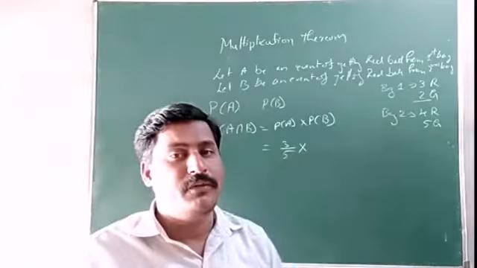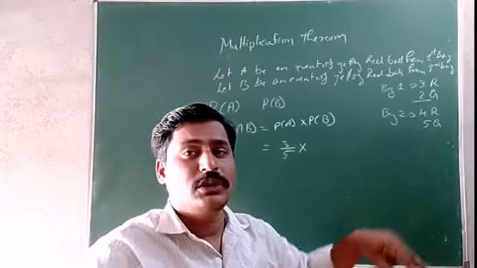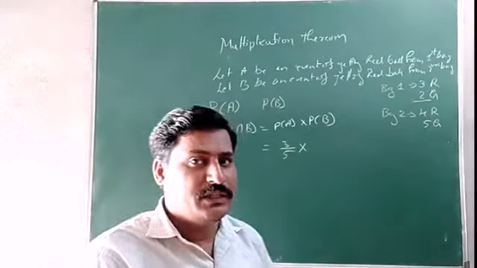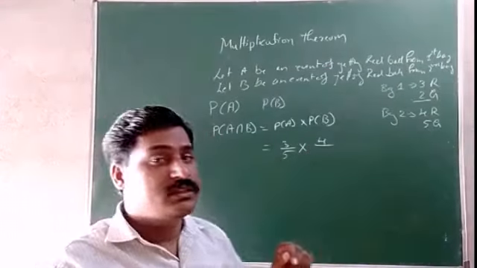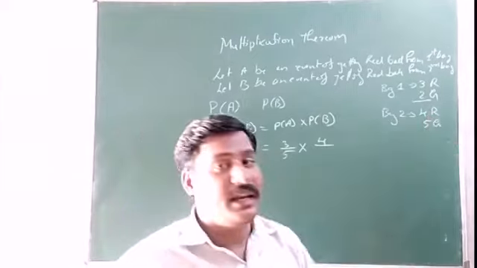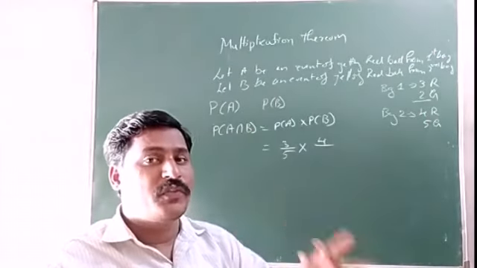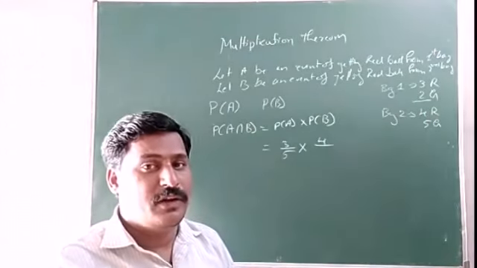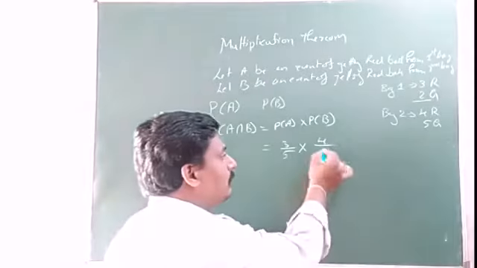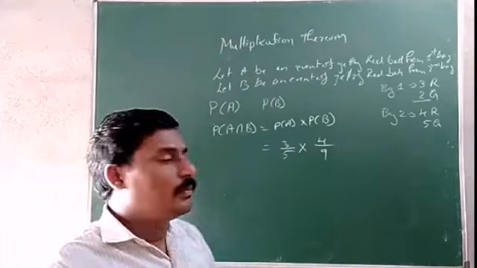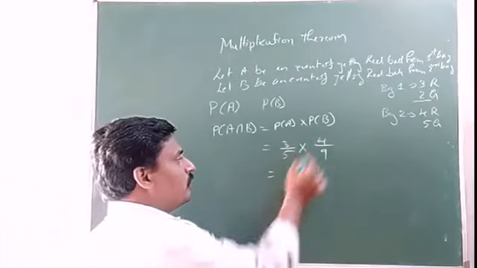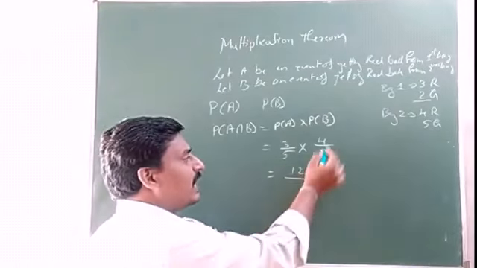Again one ball we are selecting. So in 4C1 ways, that is 4 ways we can select. So 4 divided by exhaustive cases 4 plus 5, 9. One ball out of 9 balls, so 9C1 ways, that is 9 itself. So 4 by 9. So multiply both. 3 4s are 12 divided by 5 9s are 45.